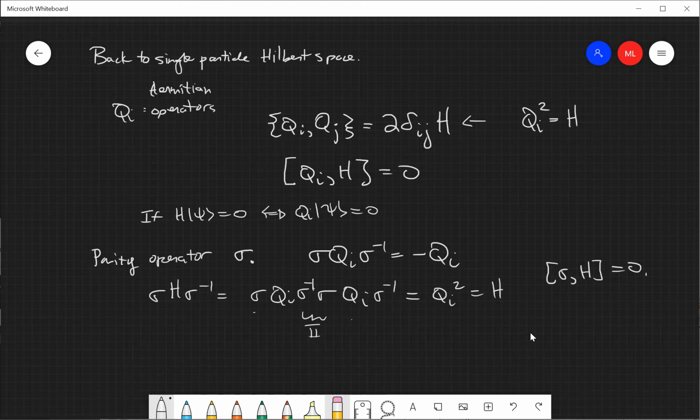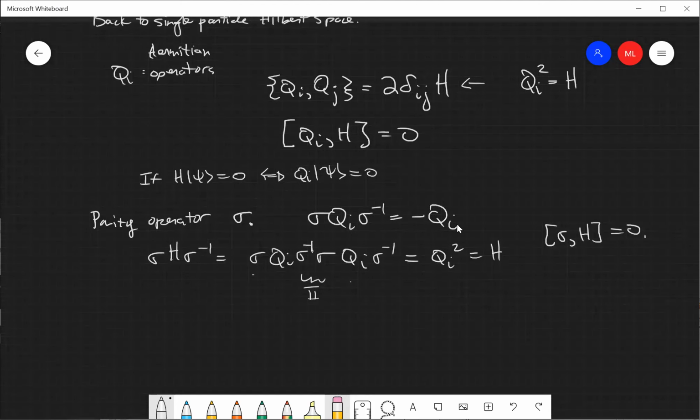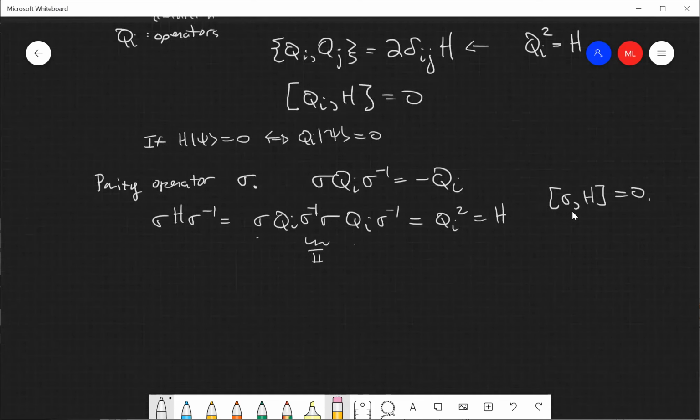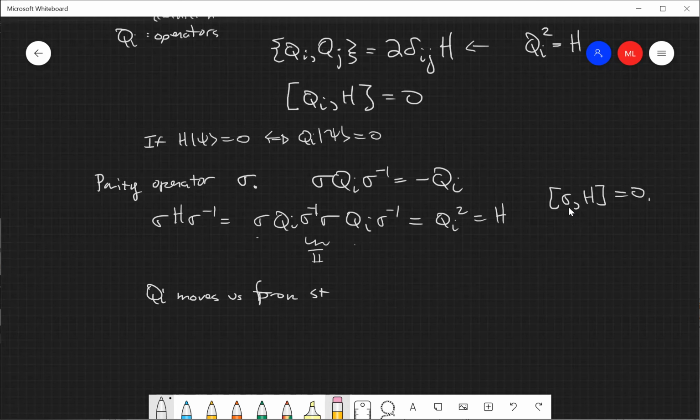And moreover, we know that Q_i acting on a state of a particular eigenvalue of sigma will take us from states with sigma plus 1 to states with sigma minus 1.